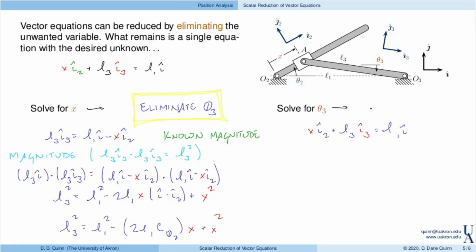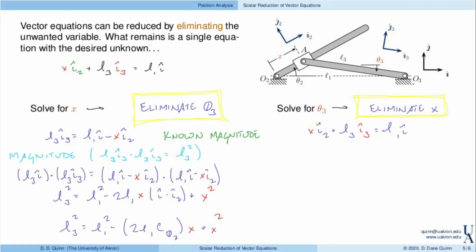Think about how do we eliminate x. If I do that, then the only thing that's left will depend on theta 3. So notice that this vector, x in the I2 direction, is the only place that x appears, and it has known direction.